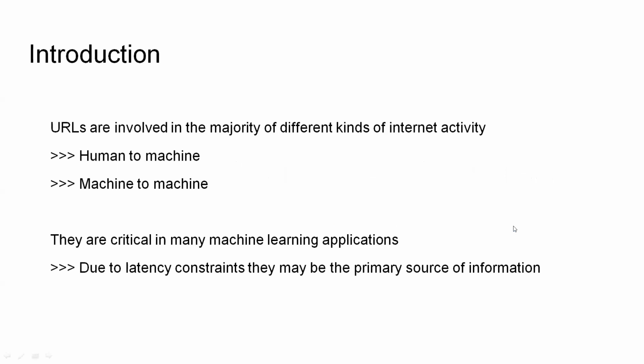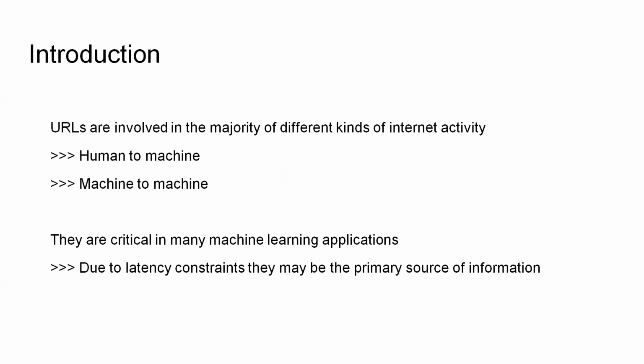So a little bit of background, URLs are involved in most of our digital life. Whenever we retrieve news, interact with social media platforms, or use online applications, there's often URLs involved, but not just human to machine interaction, also machine to machine interaction.